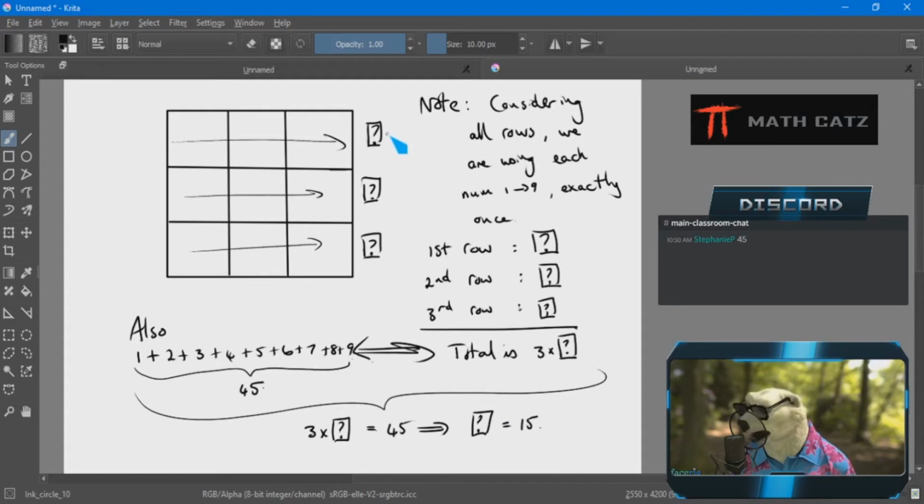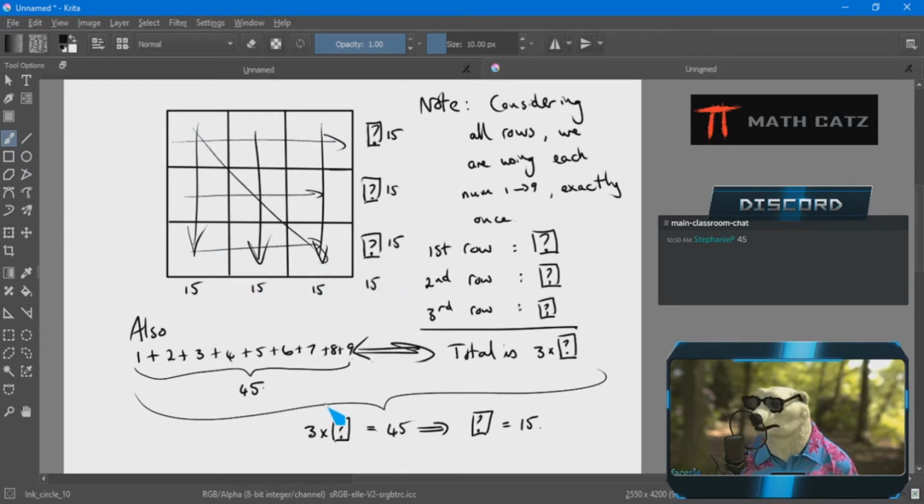which means that each row adds up to 15. Each column has to add up to 15. Each diagonal has to add up to 15.